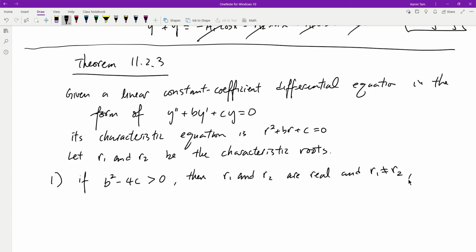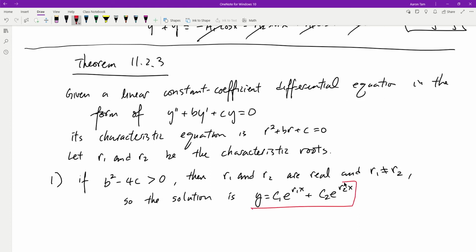And therefore the solution to this differential equation would be in the form of y equals c1 e to r1x plus c2 e to r2x. So that becomes our solution if our characteristic roots are real.